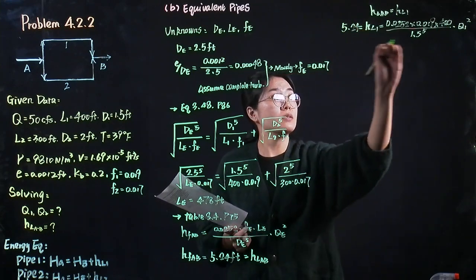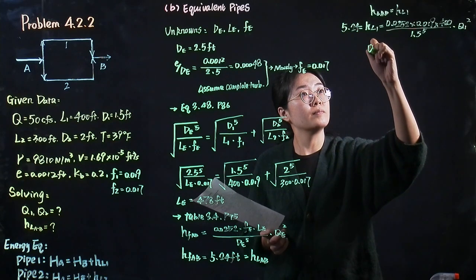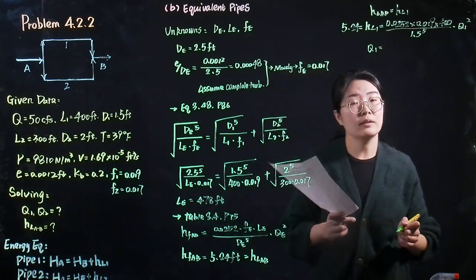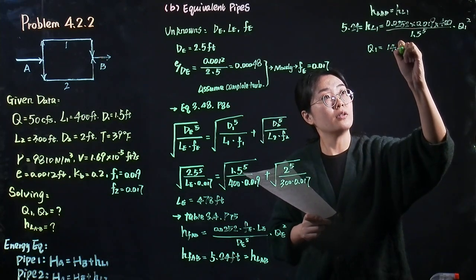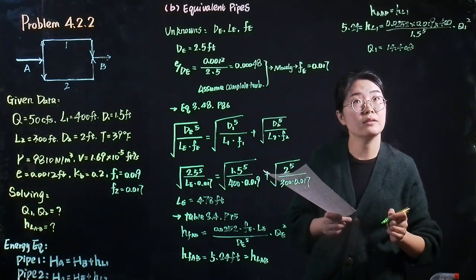Then based on this equation, we can solve the value of flow rate in pipeline 1. It equals to 14.4 cubic feet per second.